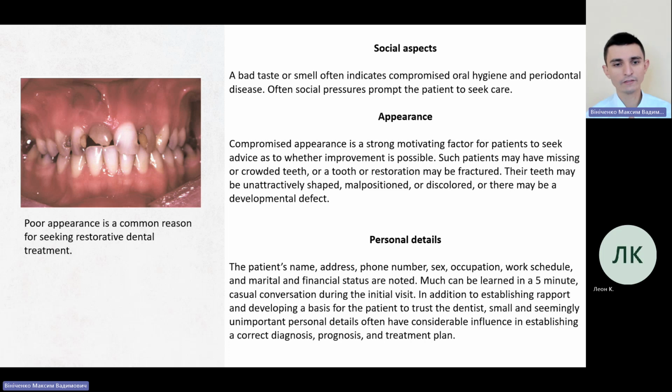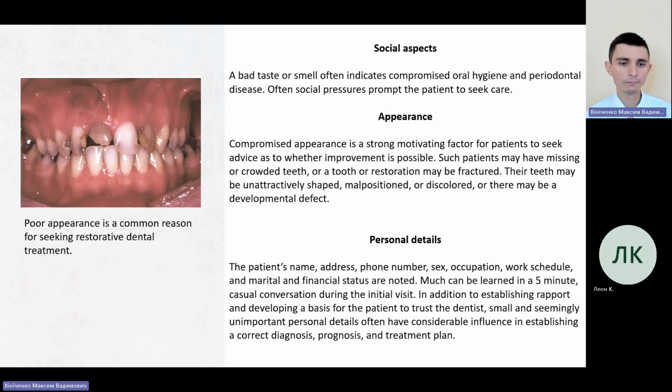Such patients may have missing or crowded teeth, or a tooth or restoration may be fractured. Their teeth might be unattractively shaped, malpositioned, or discolored, or there may be a developmental defect. Poor appearance is a common reason for seeking restorative dental treatment, as you can see in this photo.